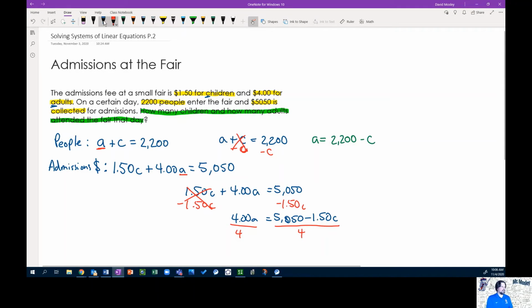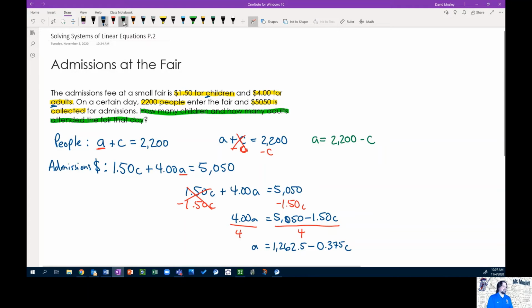That leaves me with A by itself equals 1,262.5 minus 0.375 C.